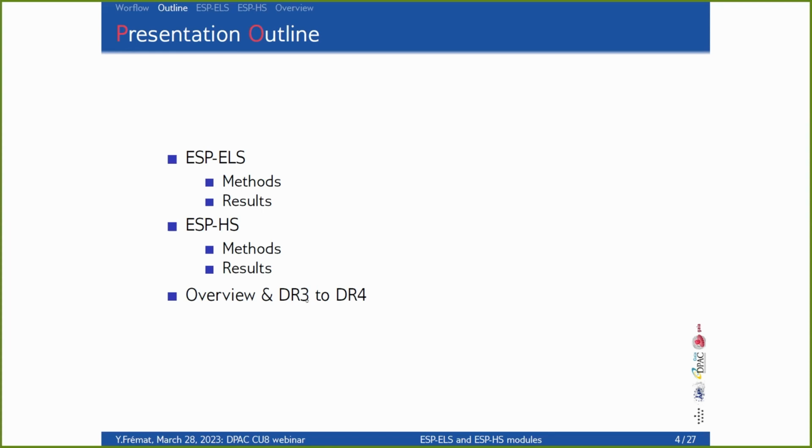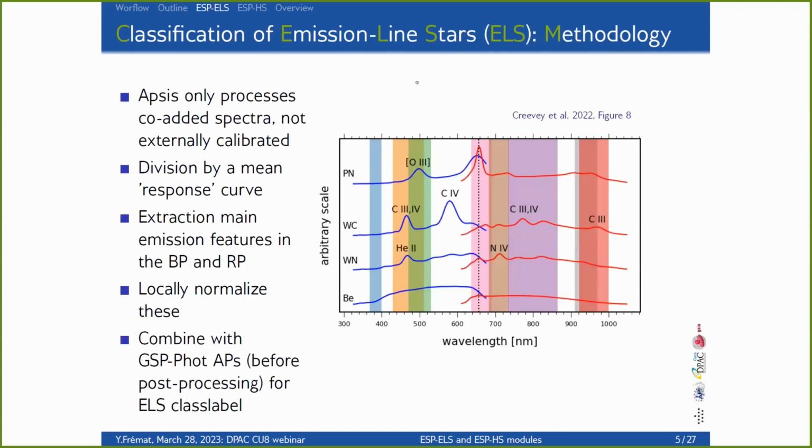About the emission line star module, one important thing to keep in mind is that APSIS, at least during cycle 3, only processed coadded spectra. That's the case for the BP/RP data, and also for the RVS data.